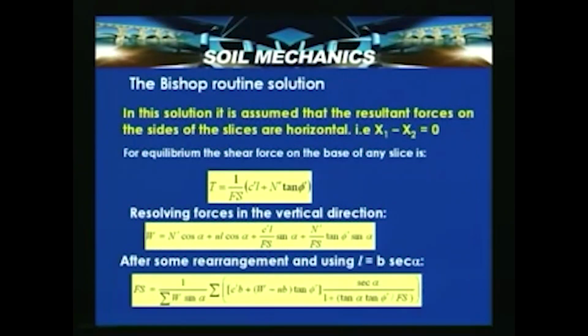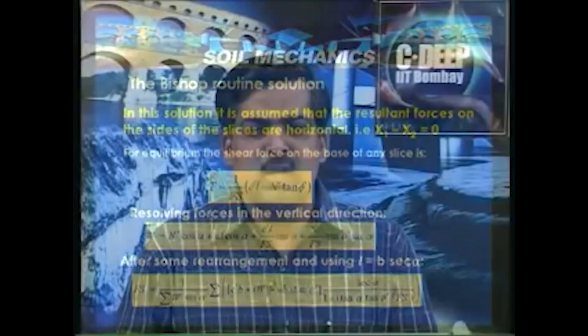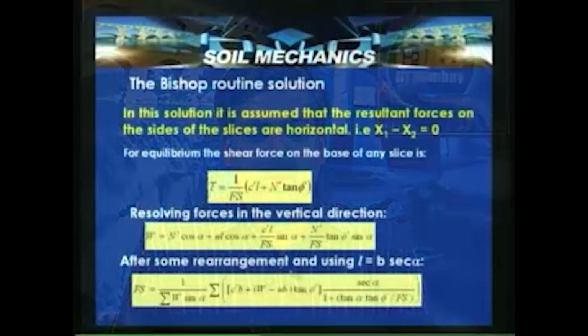Still, Bishop's solution can be calculated by first estimating the factor of safety using the Swedish or Fellenius method of slices, and iterating with convergence to get the factor of safety using Bishop's routine solution.